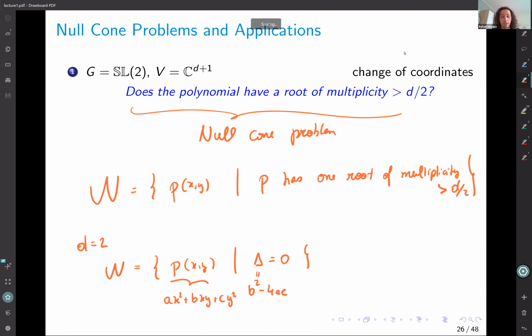If the discriminant is equal to 0, we know that this polynomial can be written as (alpha x plus beta y) squared. So if you have a multiplicity bigger than 1, which means you are the square of a linear form, we know that you're in the null cone. So the null cone captures quite important objects there.